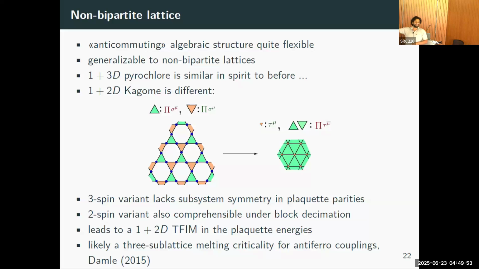So exactly the same kind of things you can do. And it turns out you find transverse field Ising model type of physics in the plaquette energies for the Kagome lattice. And therefore, you can say some statements about three-sublattice quantum phase transitions for antiferromagnetic couplings.